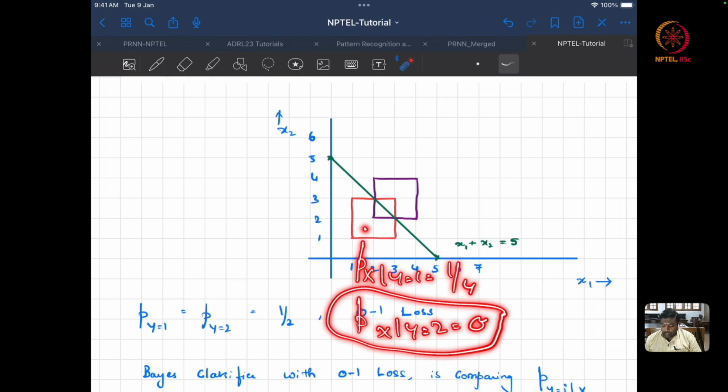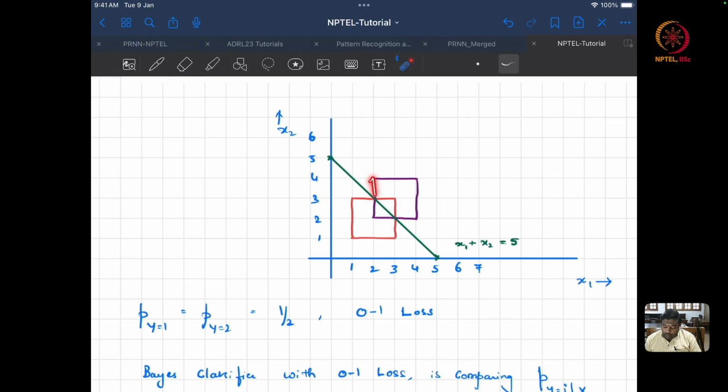And whenever you compare them for classifying, this is higher, so you'll be putting it into class 1. So you don't have any problems with these points being classified. These are perfectly classified points as class 1. The same thing holds good even here. These points are perfectly classified as class 2. No problem at all. So for points in region A and B, the risk is actually 0.